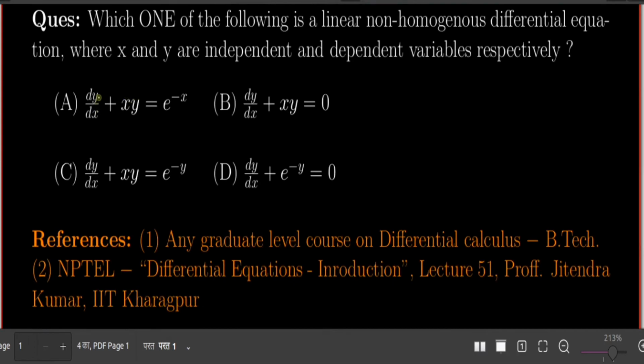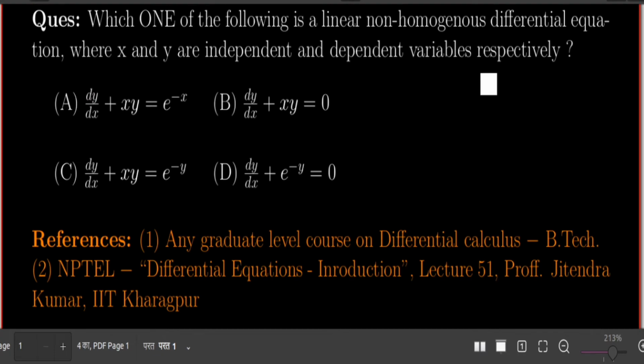Clearly the exponent term is 1 here, so the differential quotient has power 1, and there is a function of x with y, and another function of x is there. So this is linear, because g of x is e raised to minus x, which is not 0 here, but at least on the left hand side you have everything which is linear. You have a function of x; 1 is also a function of x. The coefficient of dy by dx is 1, which is nothing but x raised to 0, so it is a function of x.